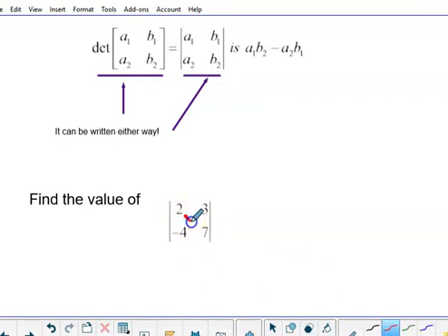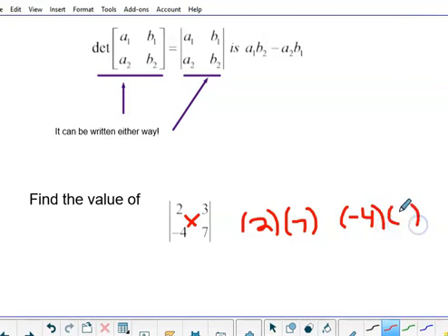If I look at this example here, the downs are 2 times 7. So we'll go 2 times 7. And the ups are -4 times 3. And we're going to take the answers to those and subtract them, because notice there's a little minus sign in between there.